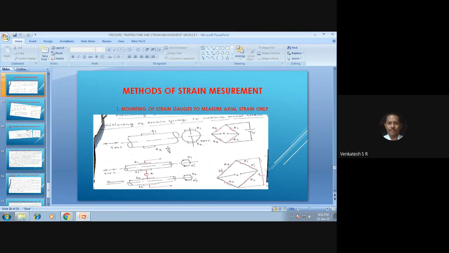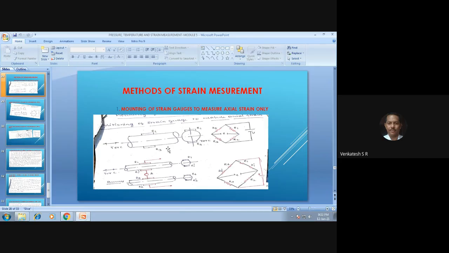Subdivision number 1. I repeat, explain briefly with neat sketches the methods of strain measurement in the following cases or conditions.